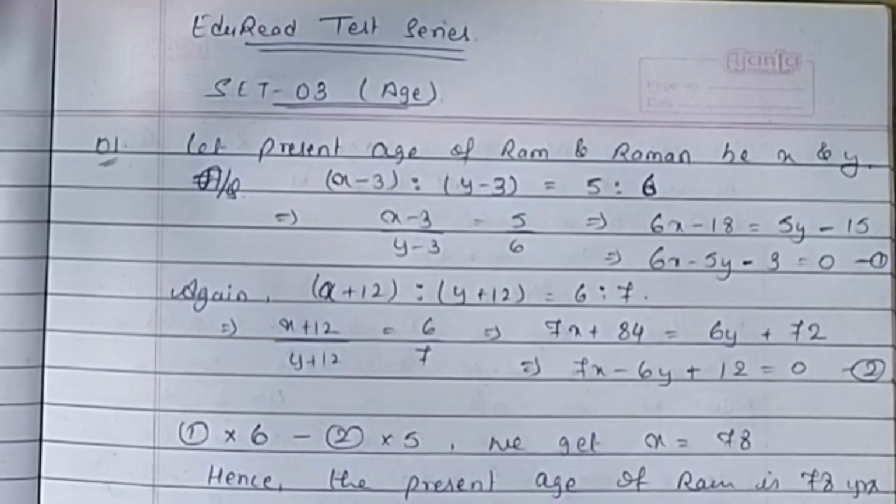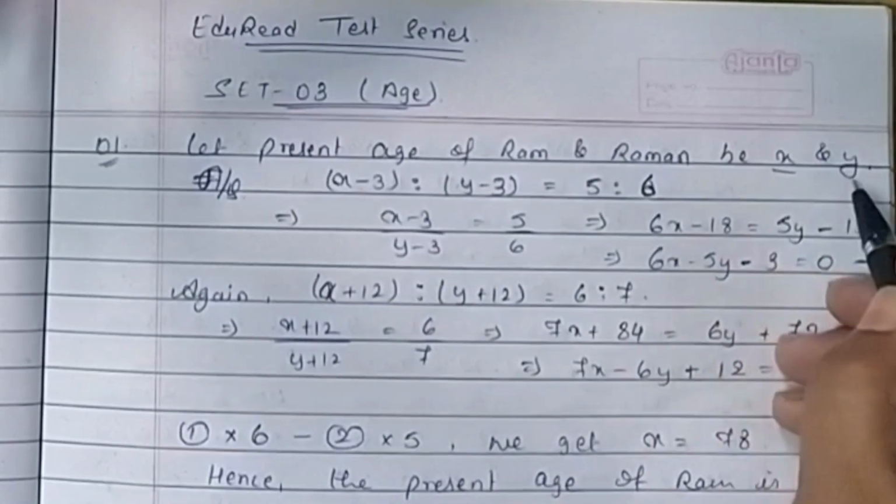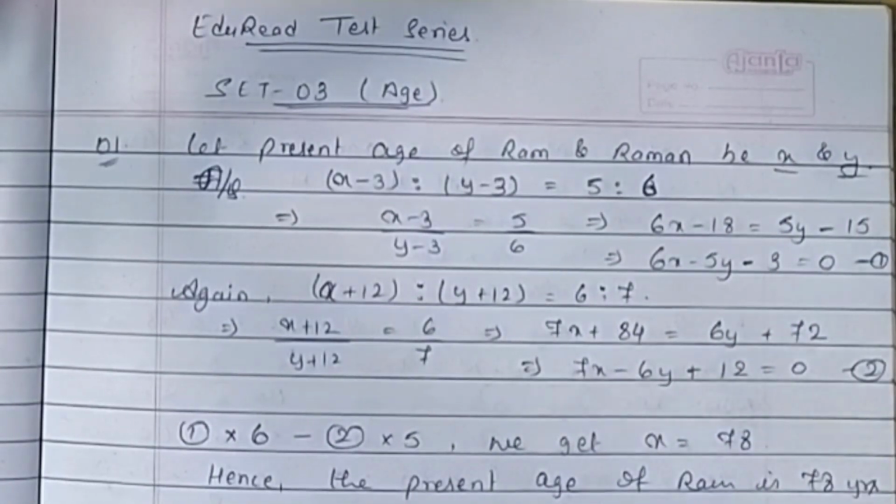According to the question, we have assumed the present ages of Ram and Raman to be x and y. Now, 3 years ago, the age of Raman would be his present age minus 3 years.